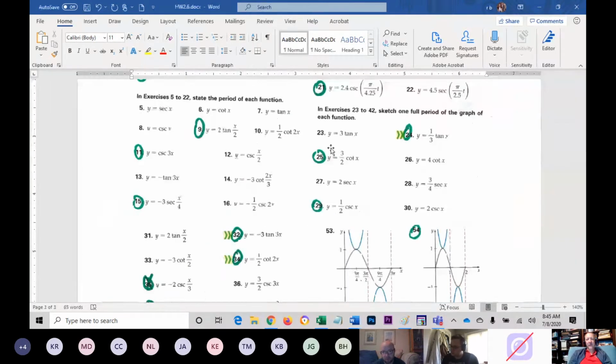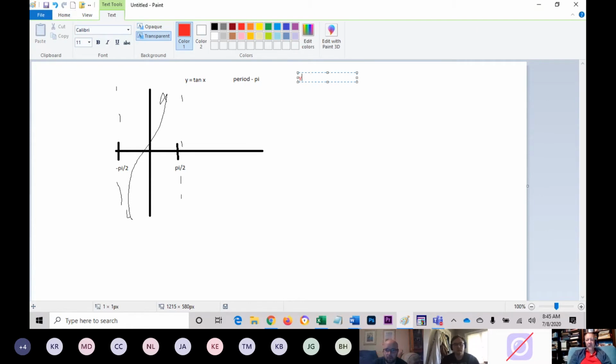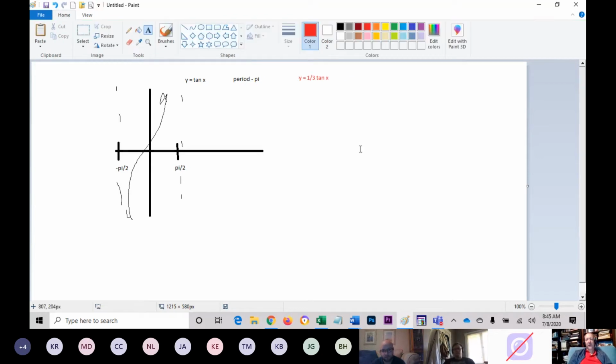What does that do to my graph? In fact, here's what we'll do. We're going to graph this in relation to the current tangent of x. So y equals 1/3 times the tangent of x. I almost feel bad that that doesn't go through the center, but pretend that goes here.